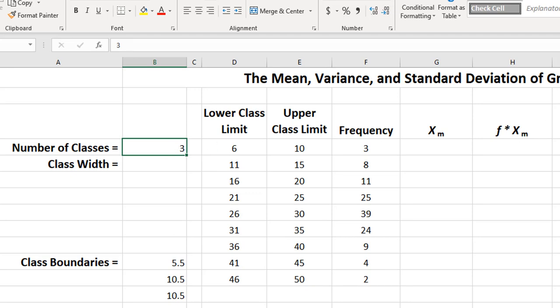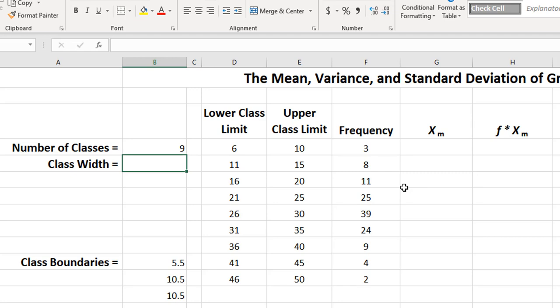So I'm going to just type in the number 9. The next thing that we need to do is calculate this thing that we call the class width. And this will help us with a few other things that we're going to do behind the scenes. But we'll let the spreadsheet program do this for us.